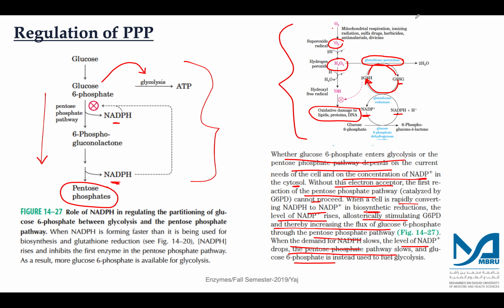Certain drugs such as ionizing radiation, sulfur drugs, herbicides, antimalarials, and chemical agents such as divicin, they increase the superoxide load in the cells. And if a person is deficient in glucose 6 phosphate dehydrogenase, then the person is also deficient in NADPH, as a result of which they may suffer from hemolysis.